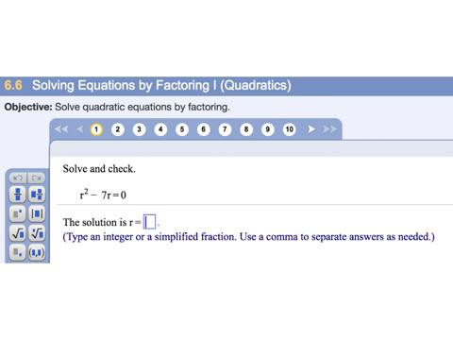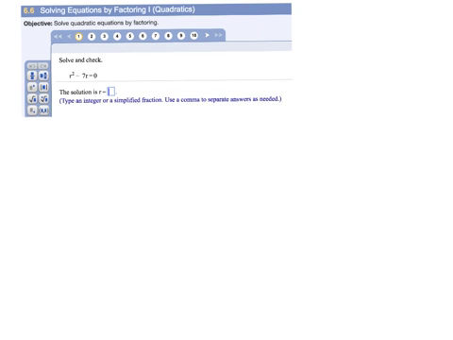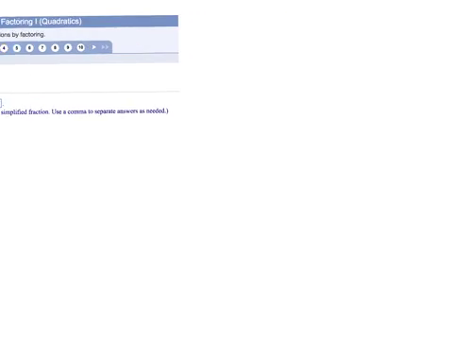Well, in Desmos, if we were to take this equation, but Desmos doesn't like r as a variable, it needs x. So we're going to replace that r squared minus 7r with x squared minus 7x. And when you get this resulting beautiful parabola, the parabola crosses the x-axis at two locations, right here and right here.